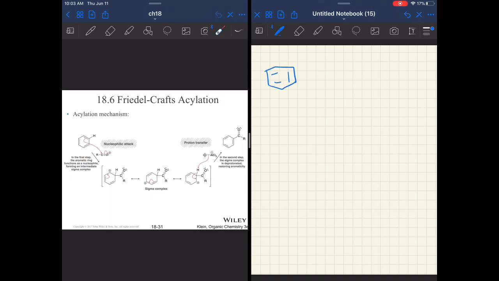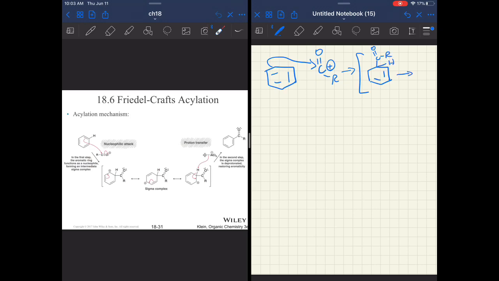All right, then the next part of the mechanism should look very familiar at this point. You have your acylium ion here, and you're going to have that attack. That carbon only has three bonds, so it can certainly take a fourth. You get your sigma complex, your resonance stabilized, positively charged ion.